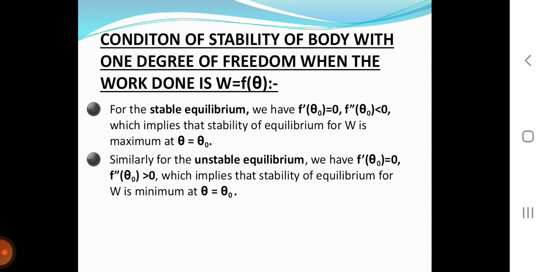Similarly, for unstable equilibrium, we have F dash theta naught equals 0 and F double dash theta naught greater than 0, which implies instability of equilibrium for W minimum at theta equals theta naught.